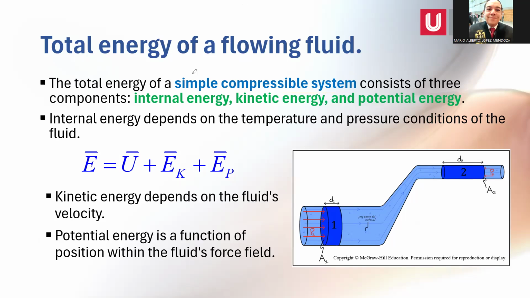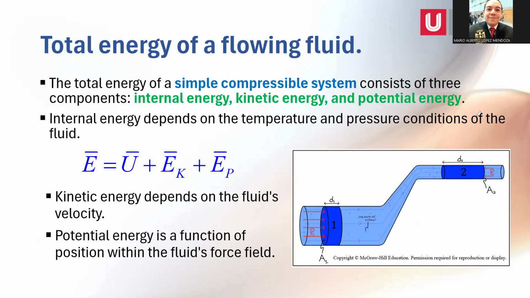It means the internal energy, which is related with the motion of the molecules of the substance, and it's mainly related with the temperature of the fluid in this case. The kinetic energy, which is related with the velocity of the fluid, and the potential energy, which is related with the position within the field. It means the position of the fluid inside a reference system.